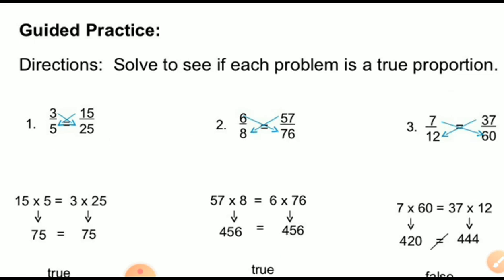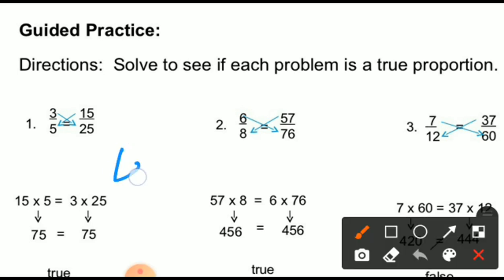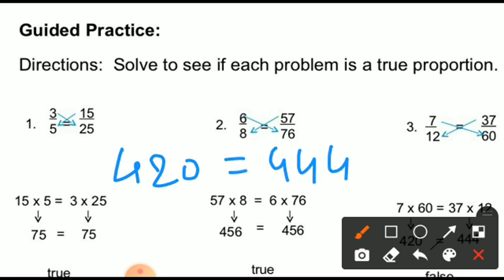I can do the third one also. 7 upon 12, 37 upon 60. In this example, I am having 7 into 60 is equal to 37 into 12. But the answer on the left side is 420 and the answer on the right side is 444. So is 420 equal to 444? No, this is not equal. That's why you can use this sign to say not equal to.